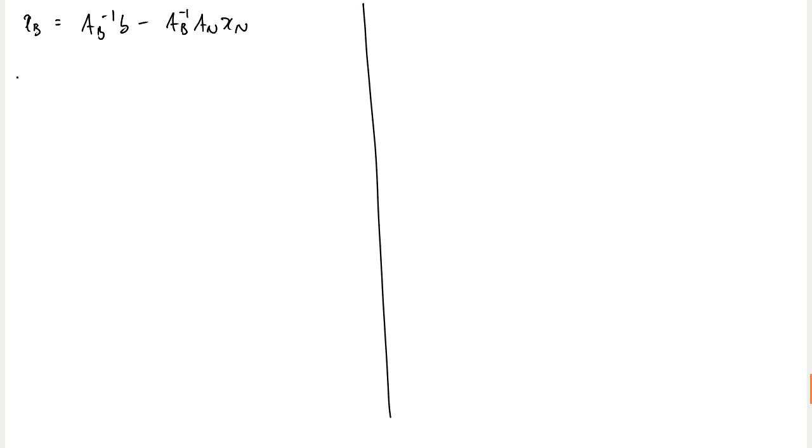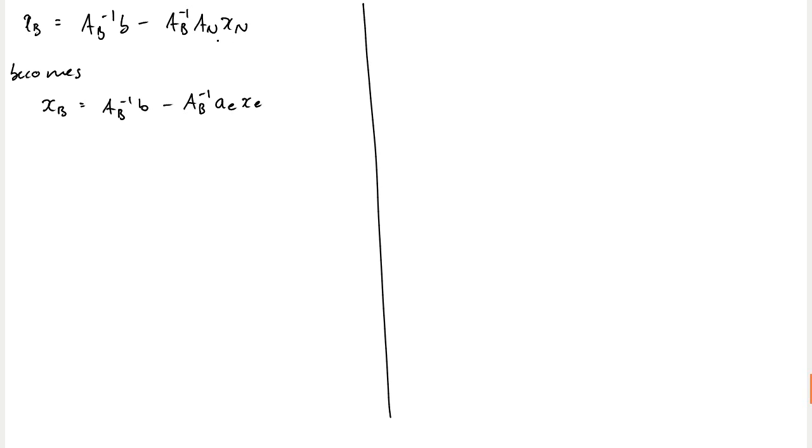So if we take xb equals ab inverse b minus ab inverse an xn, that becomes, if we're only increasing just the one variable, ab inverse b still, minus ab inverse ae xe.